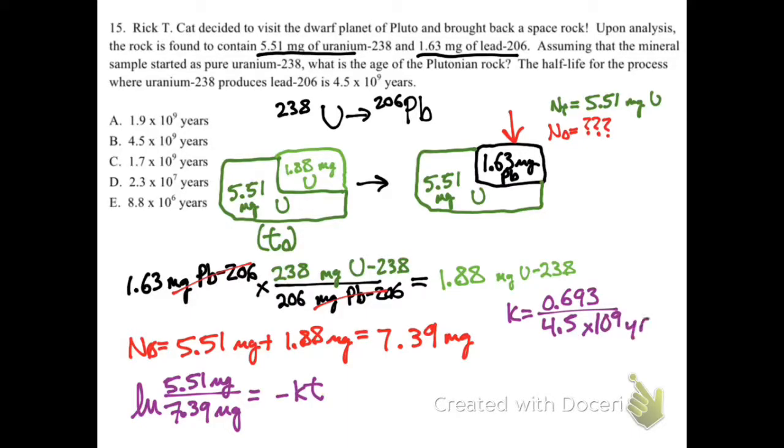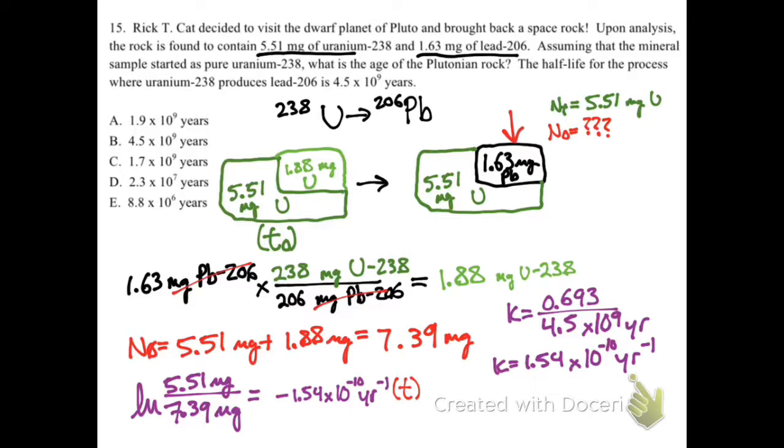It's a large number. So this ends up giving us that k is equal to 1.54 times 10 to the negative 10th years to the negative 1. So we can plug that in for our k, and that's exactly what we're going to do. And then we're solving for t, trying to figure out how old this rock is.